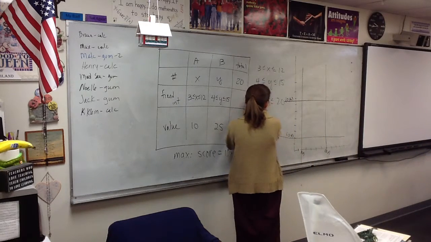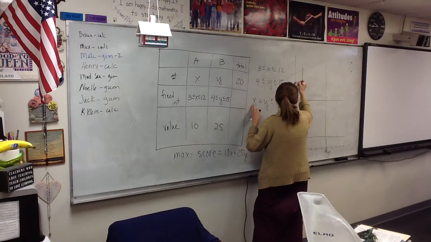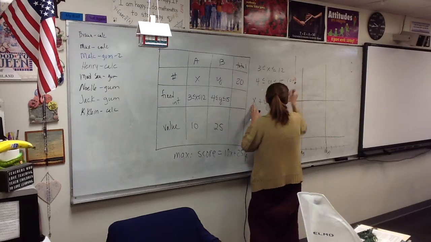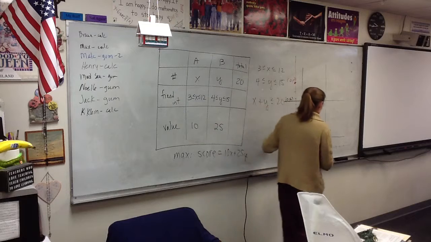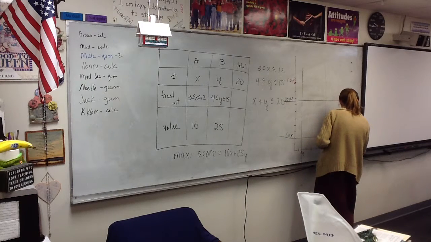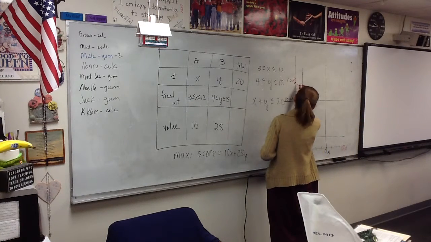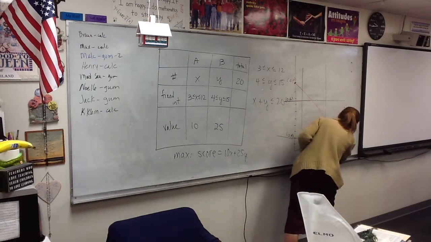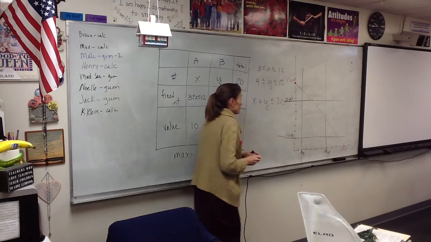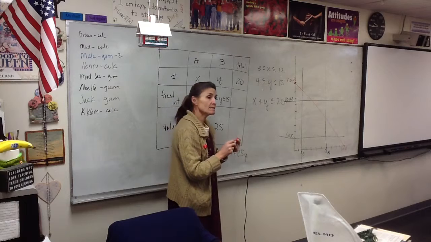So let x be 0, so y would be 20. And let y be 0, so x would be 20. And then try to draw a straight line there. And where is that shaded?